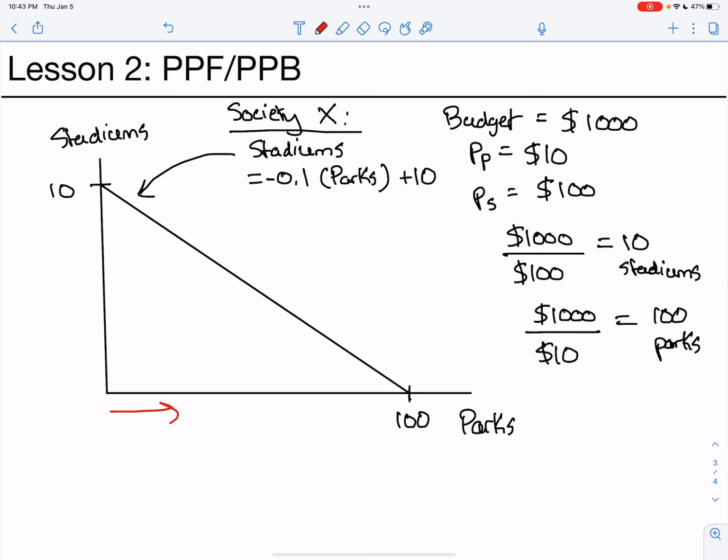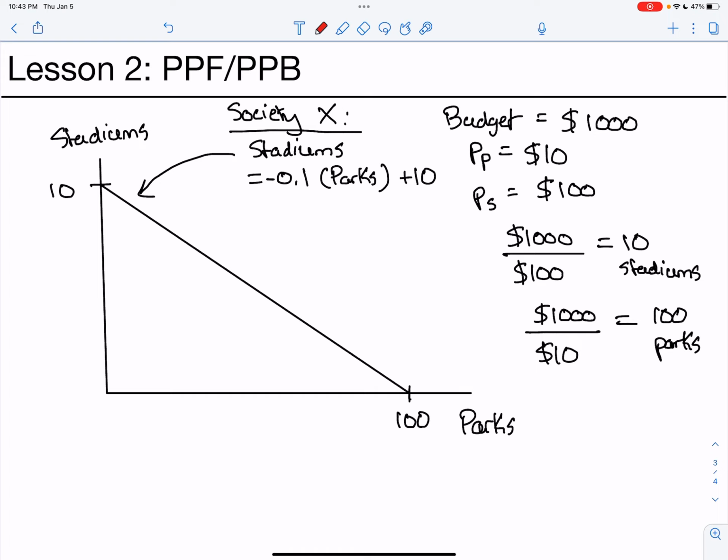Of course, you'll have fewer stadiums because you'll have less money to spend on it. That's why it's downward sloping. Every time you gain a park, you have to give up some stadiums. All right, pretty simple.